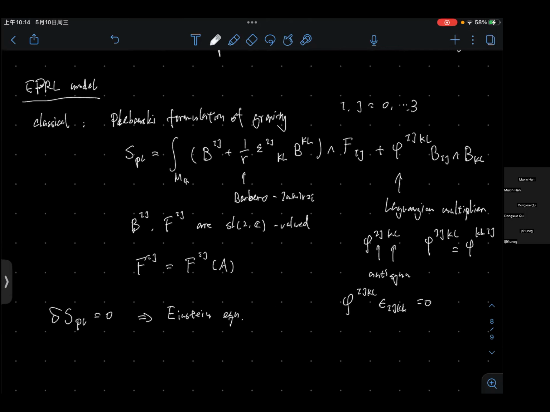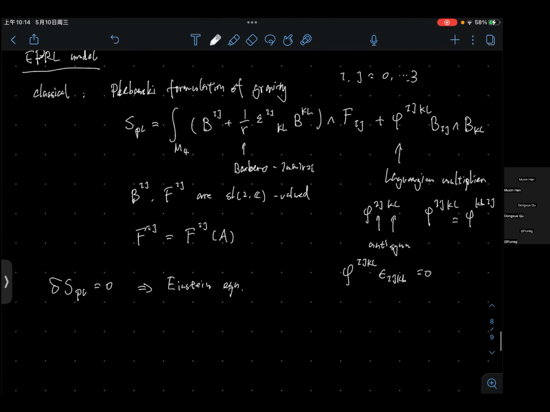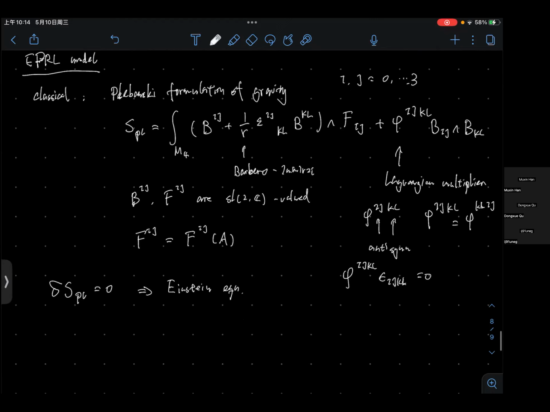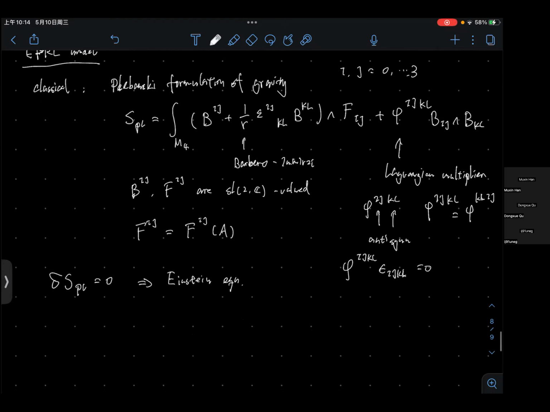So in this sense, the classical Plebanski formulation of gravity is on-shell equivalent to the usual Einstein-Hilbert action. This is the classical setup, which is equivalent to usual Einstein gravity.